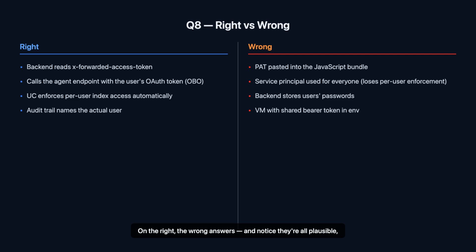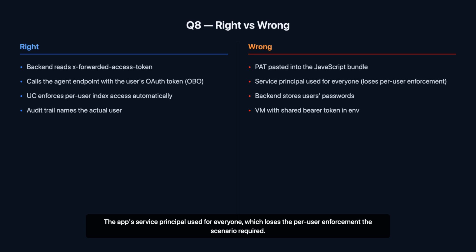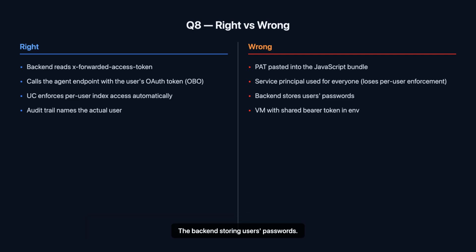On the right, the wrong answers, and notice they're all plausible, which is why the scenario question is hard. A personal access token pasted into a JavaScript bundle, the app service principal used for everyone, which loses the per-user enforcement the scenario required. The backend storing users' passwords. A virtual machine with a shared bearer token in environment variables.